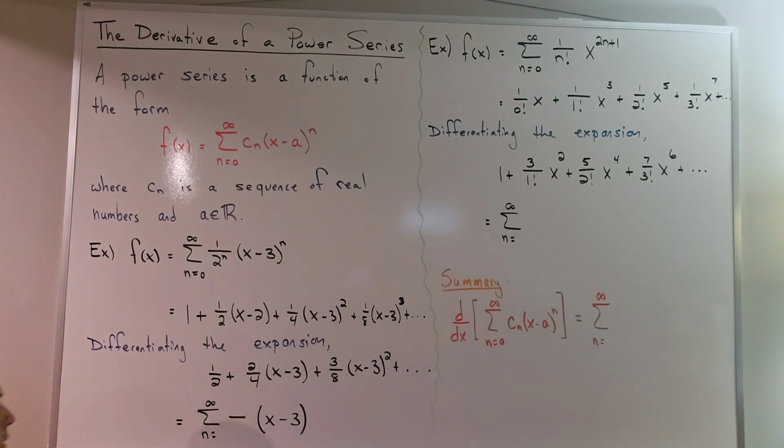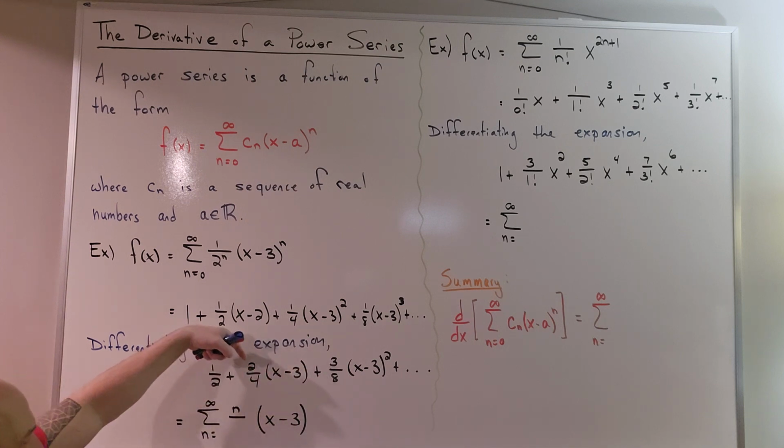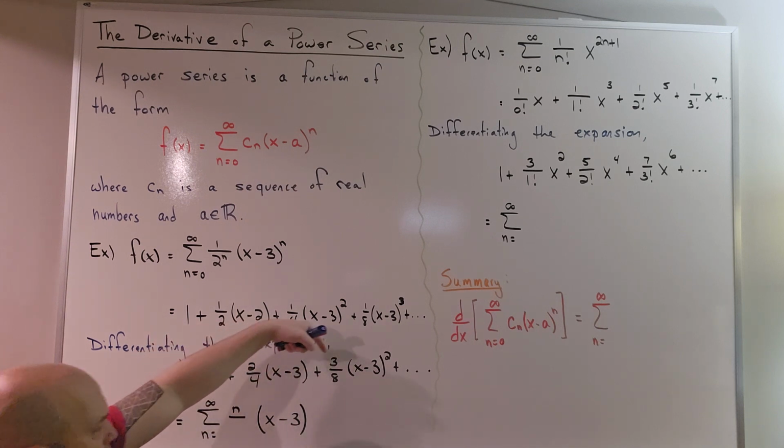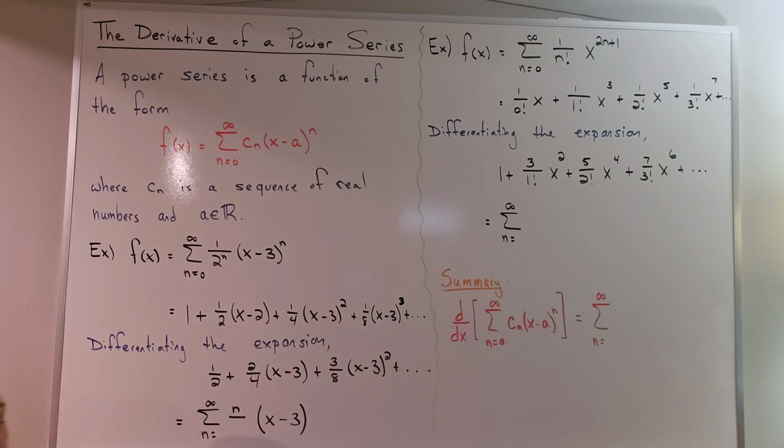Let's see. The numerator of the fraction: 1, 2, 3. So I could just label that as n. And then let's compare the numerator with the exponent. Notice I've got 2 to the first, 3 to the second. That means the exponent is 1 less, so I'll make that n minus 1.